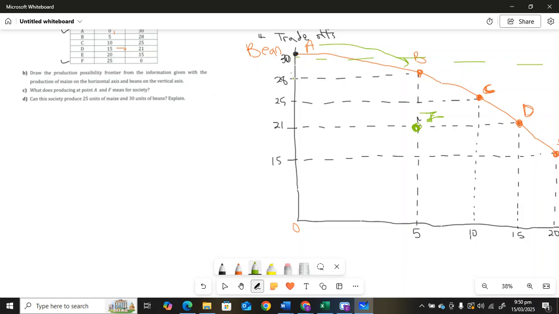Now we've reduced production to 28 units of beans, and now we're producing 5 units of maize. Point A, 30 beans, 0 maize. Point B, 28 beans, 5 maize. So that asks, what is the opportunity cost here from moving from point A to point B? The opportunity cost, as I said, is what you give up when you make a choice. So here, when we move from point A to point B, what are we giving up and what are we gaining?